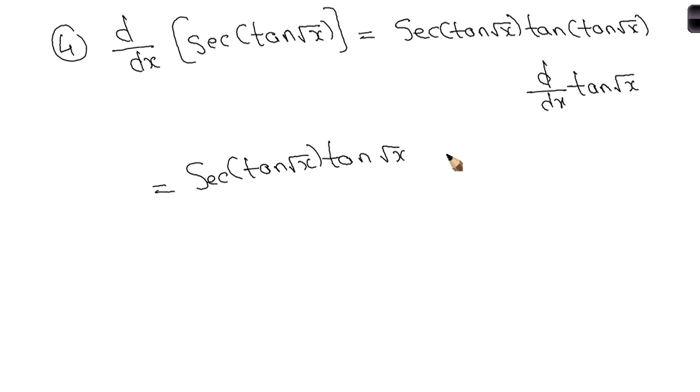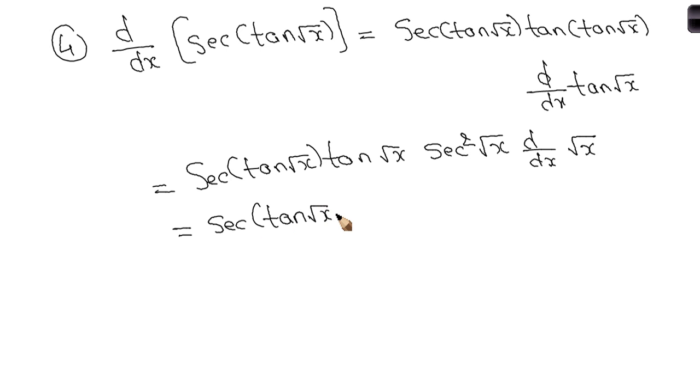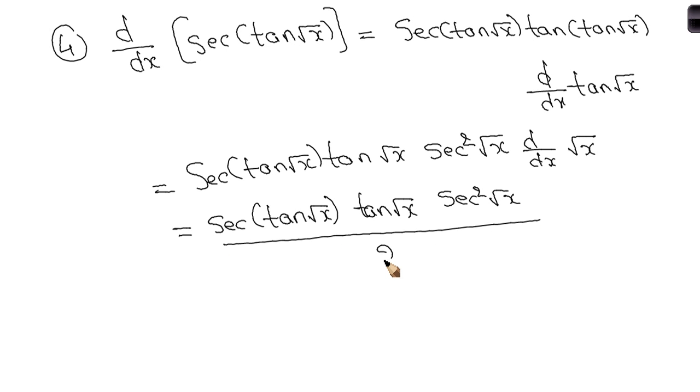What is the derivative of tan root x? Secant square root x into derivative of root x. So it is secant of tan root x into tan of tan root x into secant square root x into derivative of root x, which is 1 upon 2 root x.